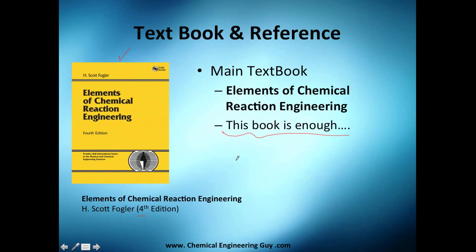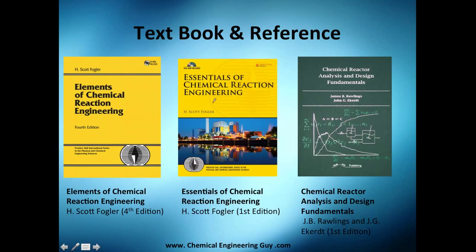Of course, having more books will help you understand more. So these are the books I found that many other universities also use. I'm not going to use them in this course, but if you need a little bit of extra information, or you don't understand how this author explains, you can check these, and I think they are good. Actually, this is the same author here, Essentials of Chemical Reaction Engineering. It's the 1st edition.